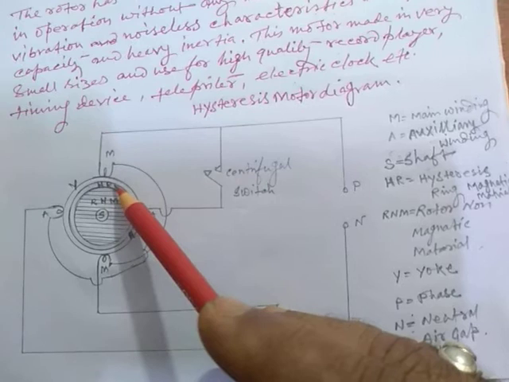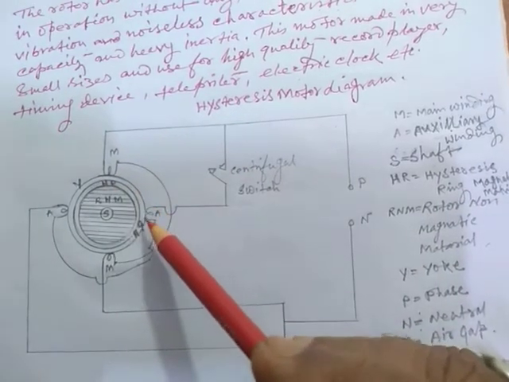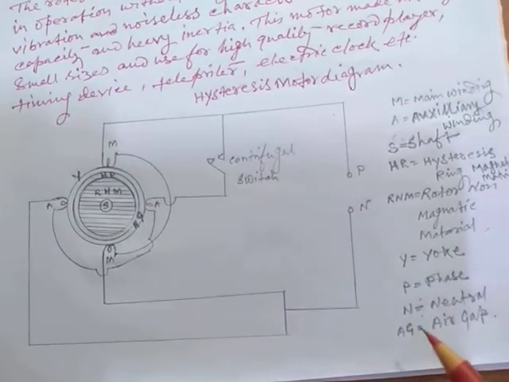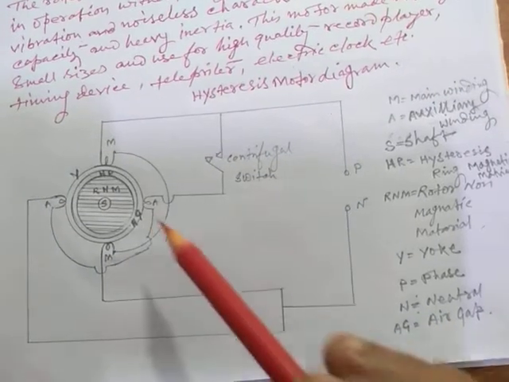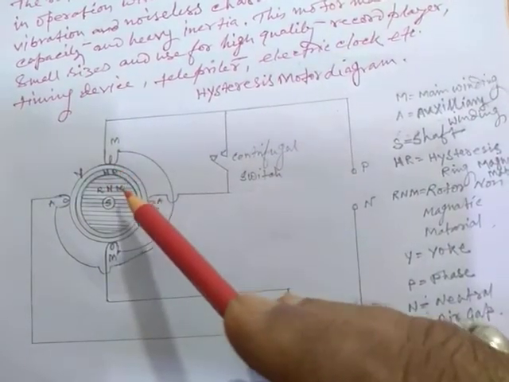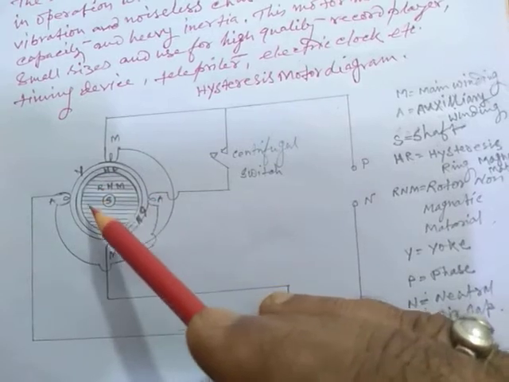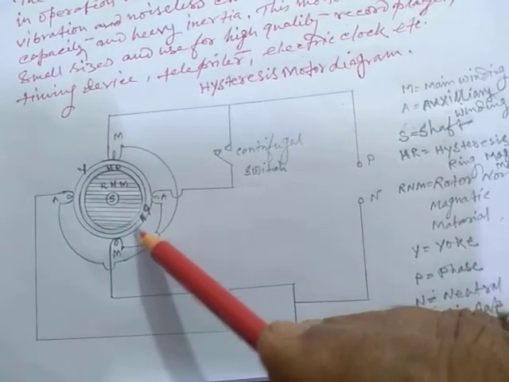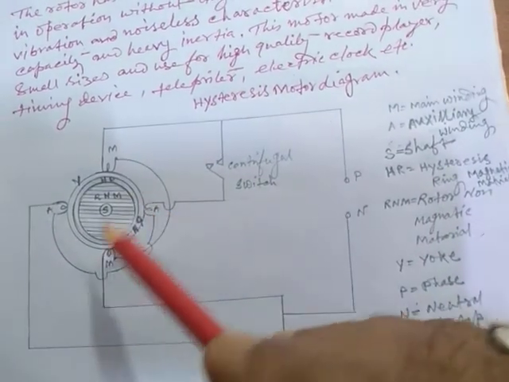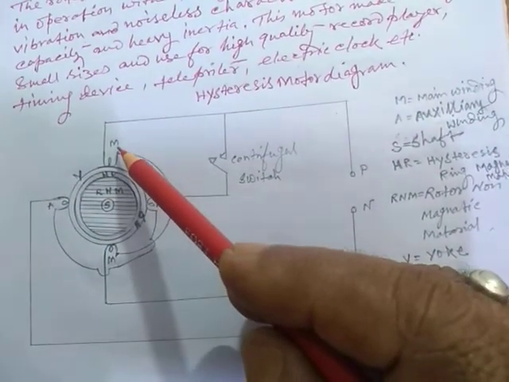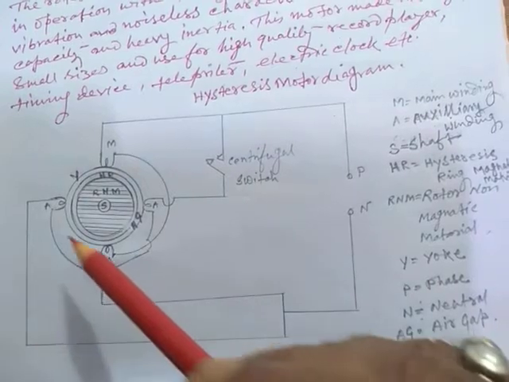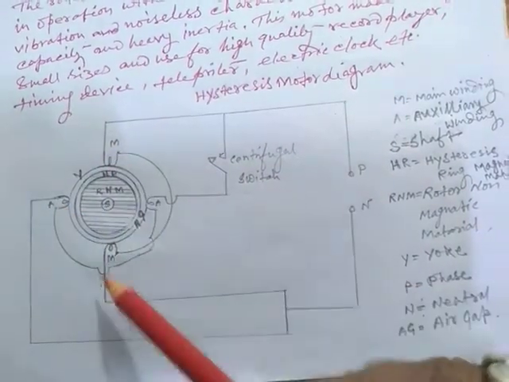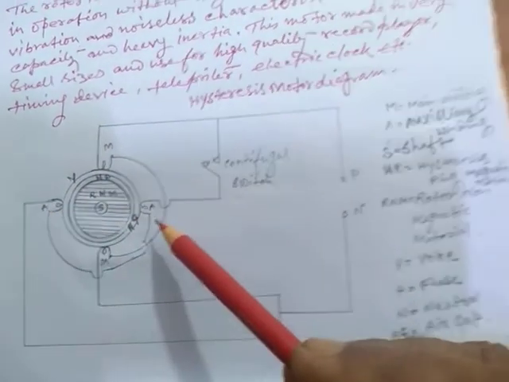This is the air gap between the yoke and rotor. This is the air gap. This is the main winding, and another is the auxiliary winding.